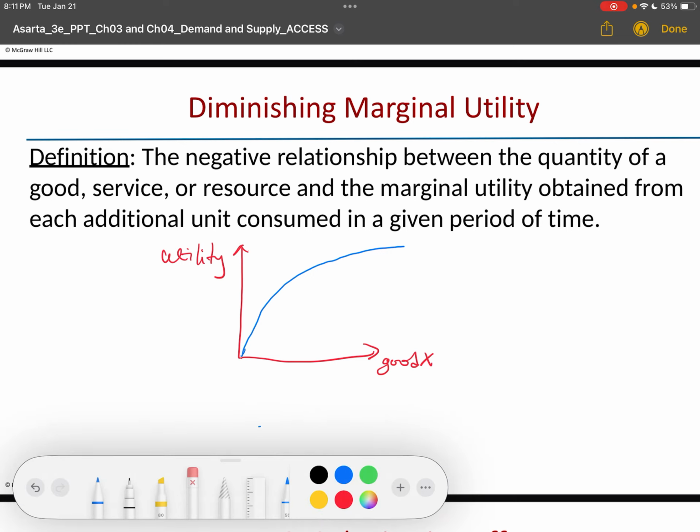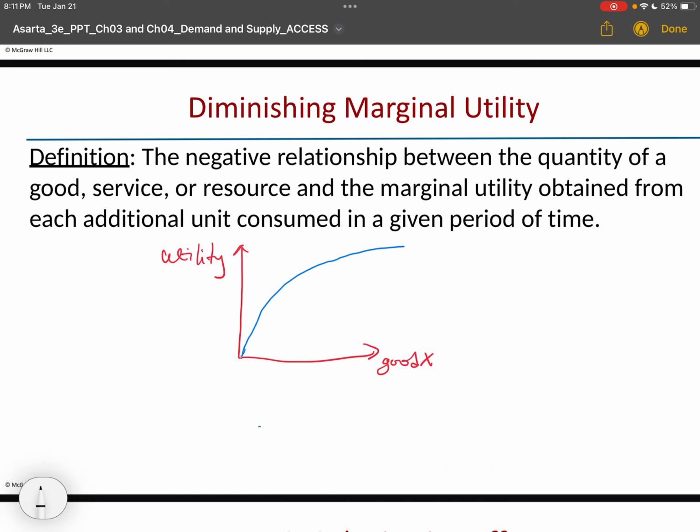Now, let's change the color again. What about marginal utility? Can we draw marginal utility? Oh, yes, we can. Marginal utility of good X. So up here, I will have marginal utility on the y-axis of the bottom graph.